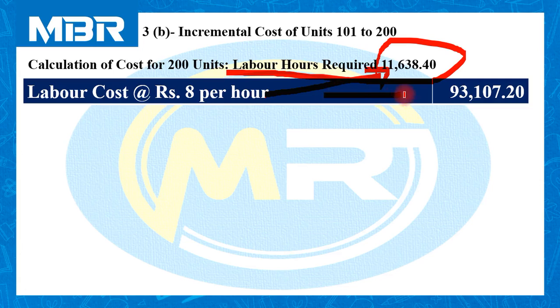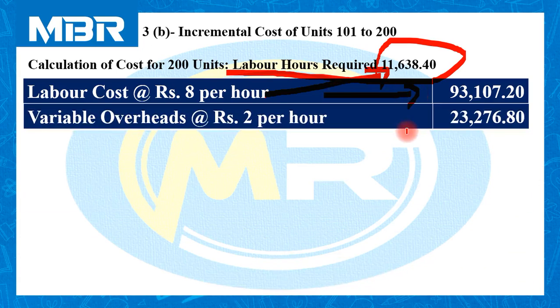So total labor cost is 93,107.2, and variable overheads at the rate of rupees 2 per hour, 11,638.4 hours multiplied by 2. So total variable overheads are 23,276.8.